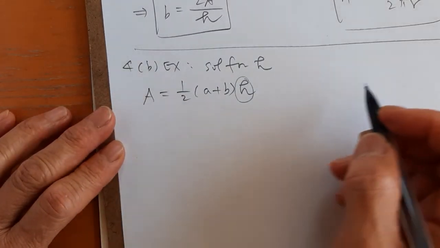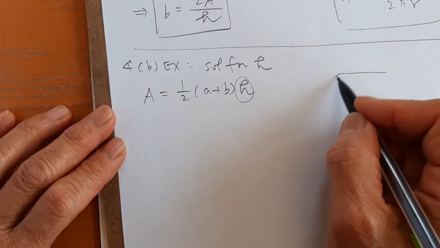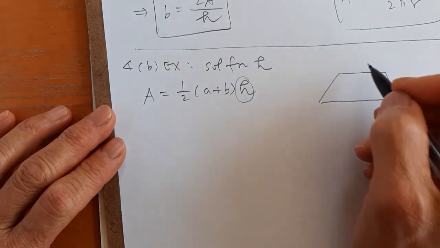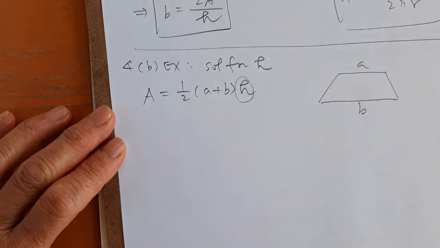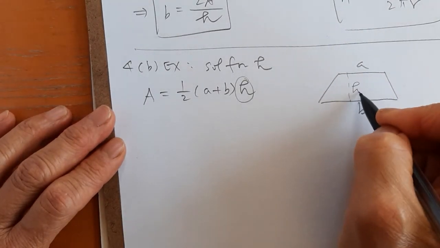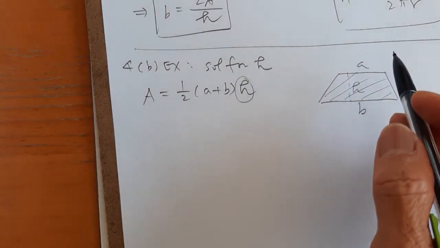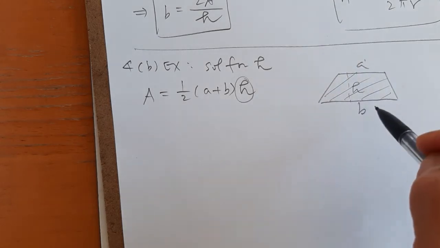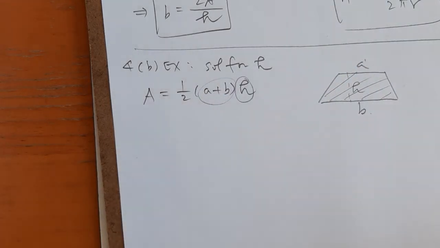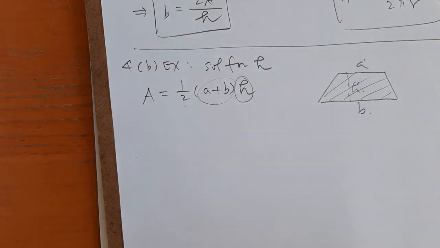So what is this formula? This is a trapezoid. Upper base a, lower base b. The height is h. Area of trapezoid is equal to the upper base and lower base added together, the sum of the bases times height divided by 2.